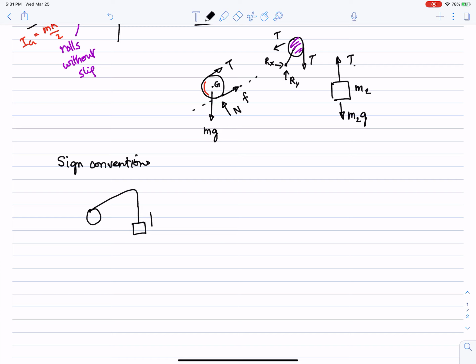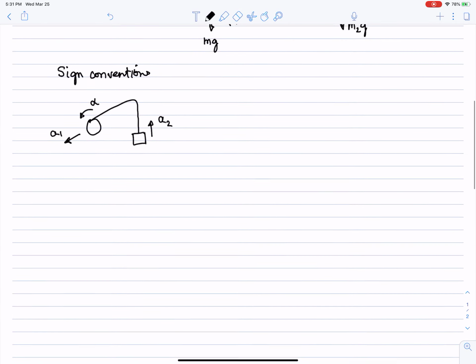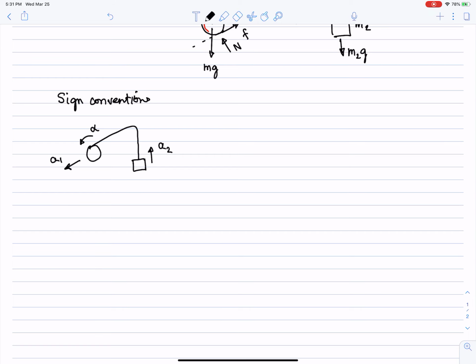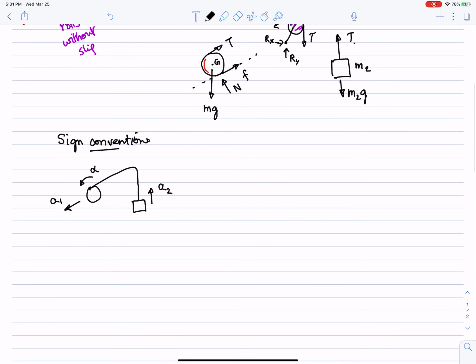Let's call this acceleration going upward A2. Let's call the acceleration of this thing going this way A1. And then let's call this angular acceleration alpha. These are the sign conventions for the accelerations. First, let's dispose of rolling without slip.